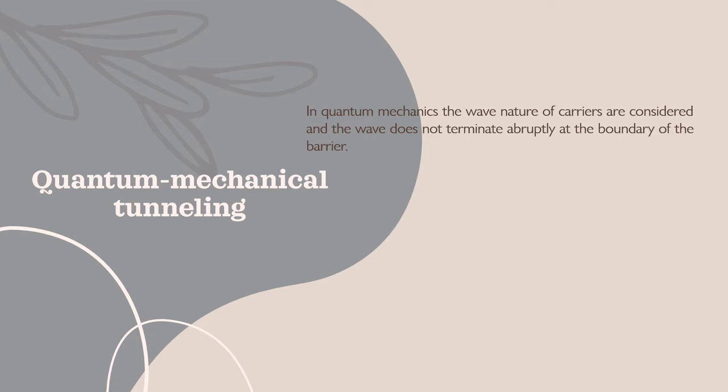So, there is a conceptual difference. In the classical sense, carriers having energy smaller than the barrier height are stopped by the barrier completely, but in quantum mechanics the wave does not terminate abruptly at the boundary of the barrier.